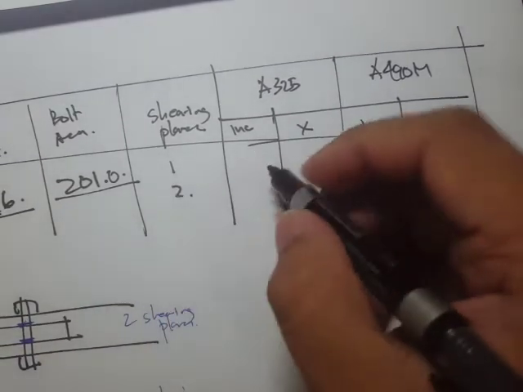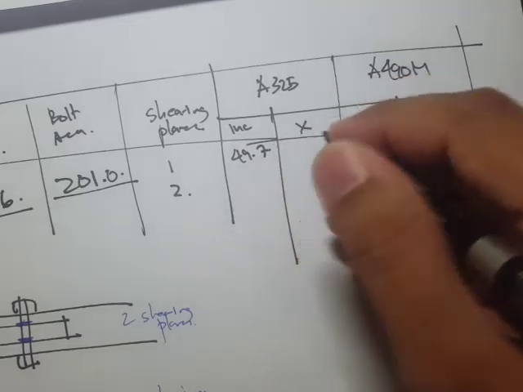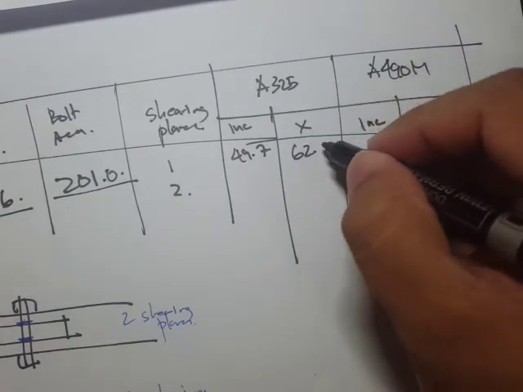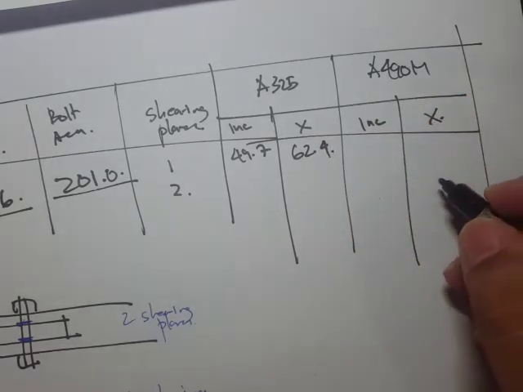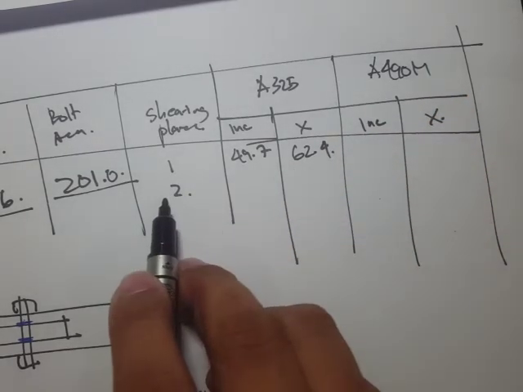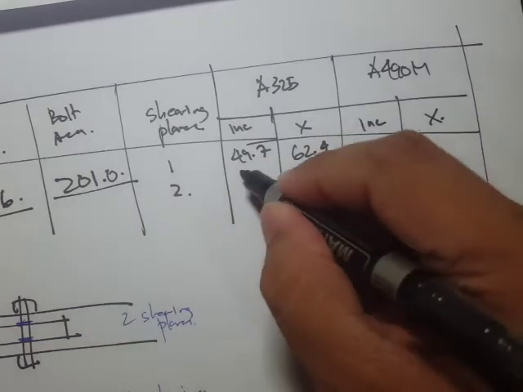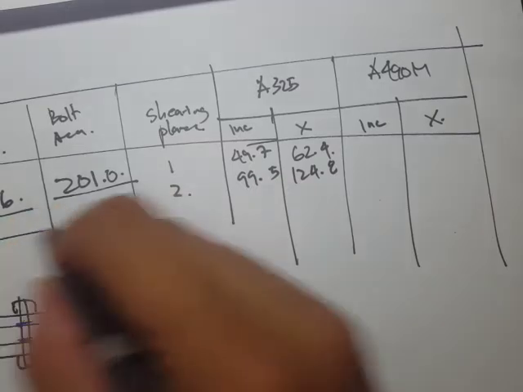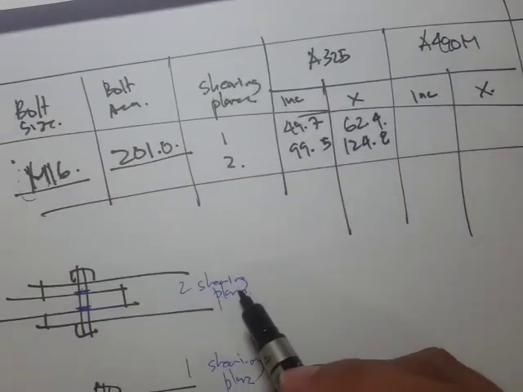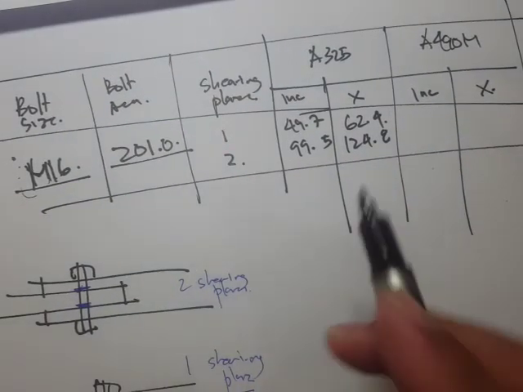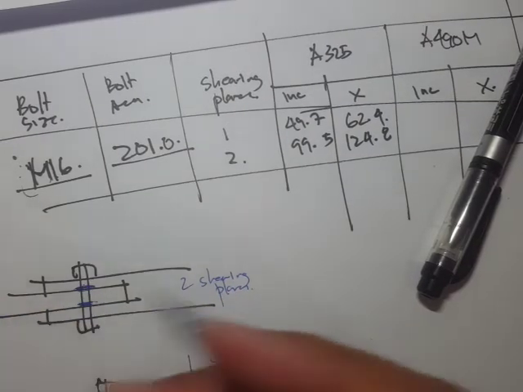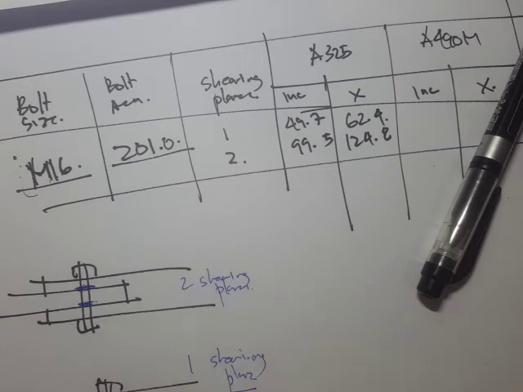For the first one we have 49.7, but if the threads are not included, then we have a higher value, 62.4. And for two shearing planes we have 99.5, and this one is 124.8. Of course, if you have two shearing planes, then you have a higher capacity. Why? Because you have two areas to shear off. So greater area means greater capacity.